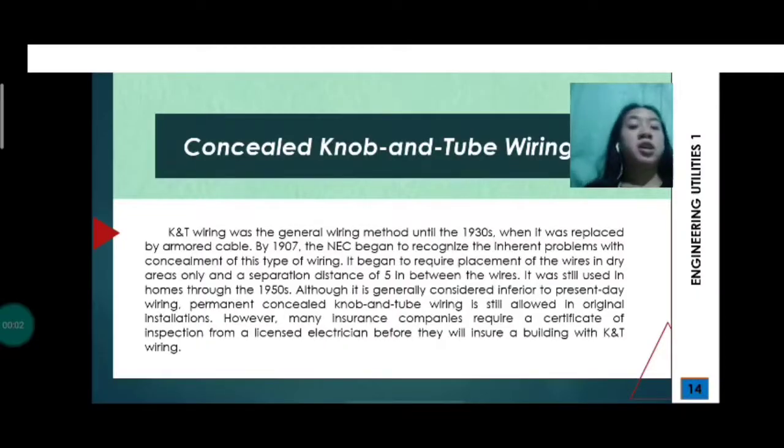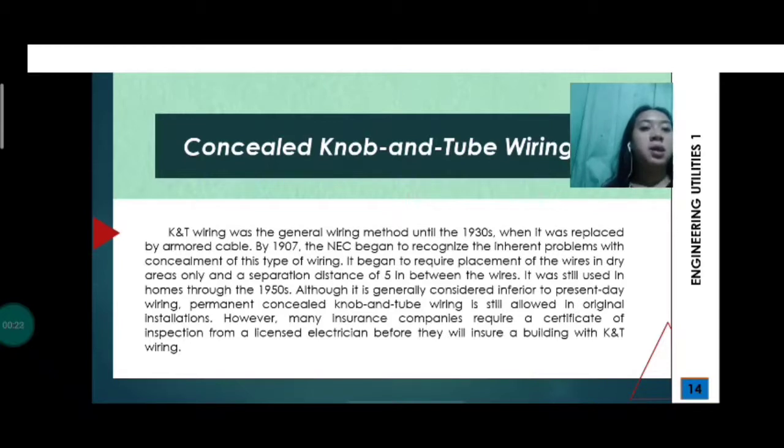Topic for this report are the concealed knob and tube wiring. K and T wiring was generally wiring method until the 1930s, when it was replaced by armored cable by 1907.